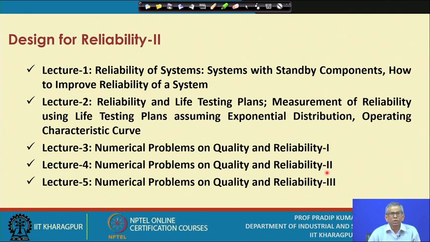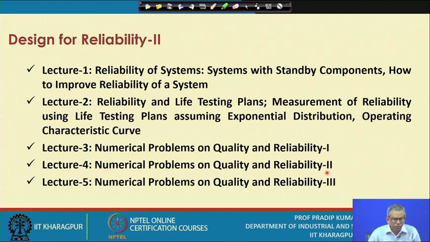You must have several ideas, and you are supposed to use those ideas to improve the reliability of a system as well as the reliability of the component. Now, what are these methods, or what are the approaches with which you can improve the reliability of a system?